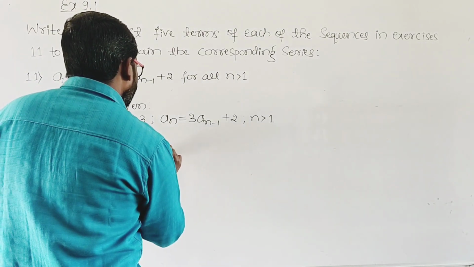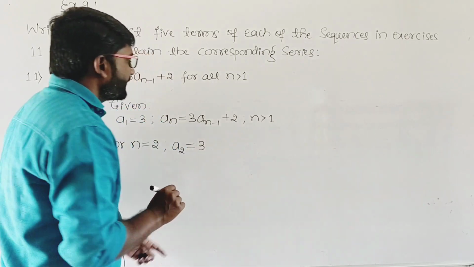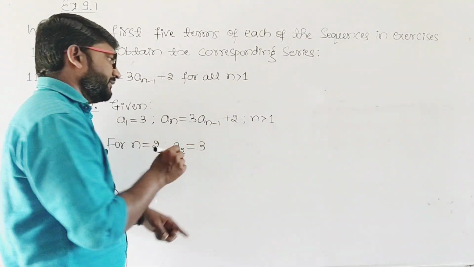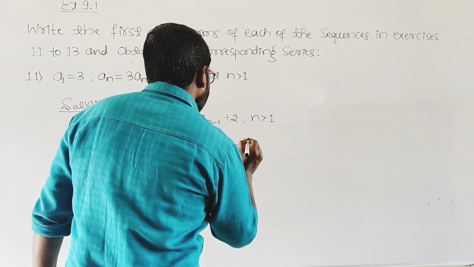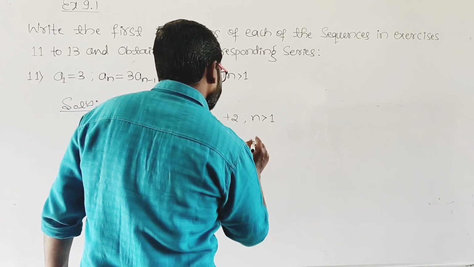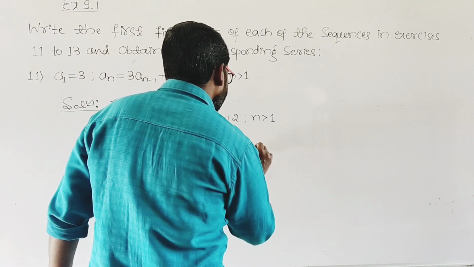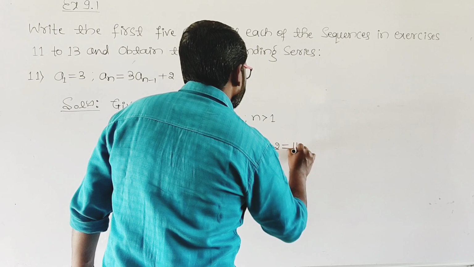So now for n equal to 2, we get a2 which is equal to 3 times a, n value is 2, so 2 minus 1 is 1. We get 3 times a1 plus 2. So now what is a1? a1 is 3, so 3 into 3 plus 2, so it is 11.